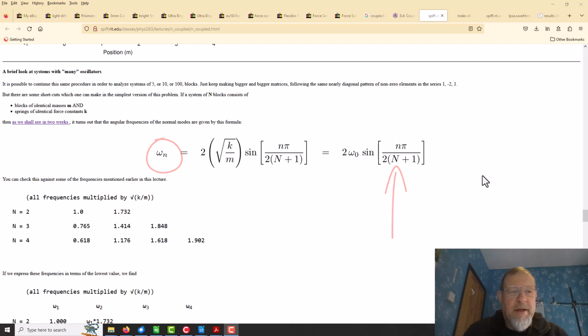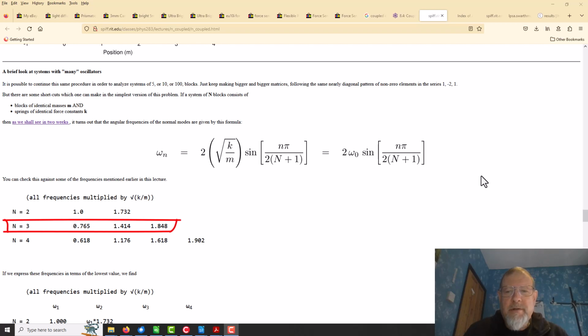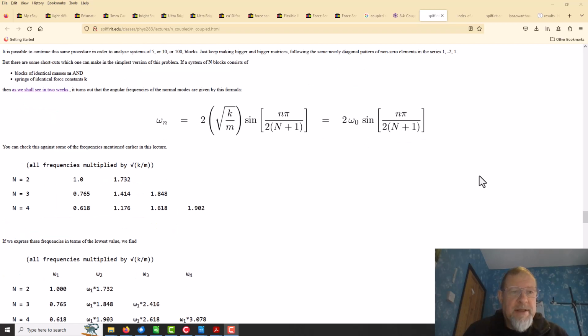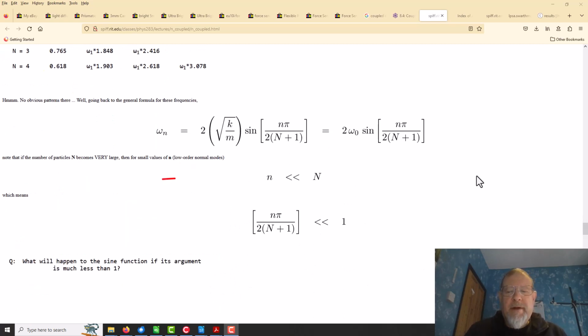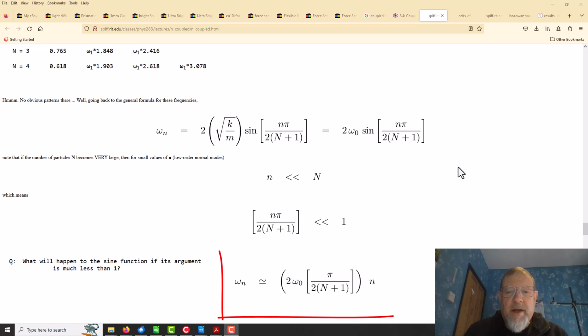So you can see below he gives N equals 2, and you get those two, and N equals 3, that's big N, so n equals 1, 2 and 3, etc. However, he also says down here, which is true, if n, small n, is much smaller than large N, this equation approximates to this, so the harmonics are then linear.